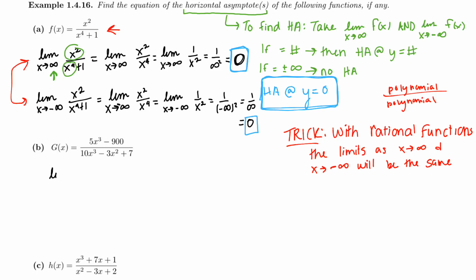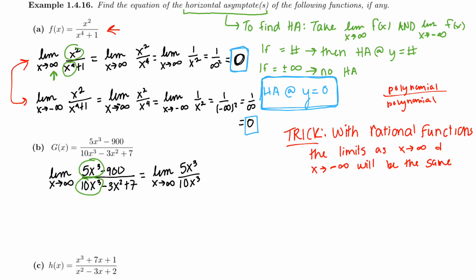I still need to show the work, so I'm doing the limit as x goes to infinity of 5x cubed minus 900 over 10x cubed minus 3x squared plus 7. Because I'm going to infinity, I can take the highest power on top and the highest power on bottom. So I have 5x cubed over 10x cubed. I can simplify that.